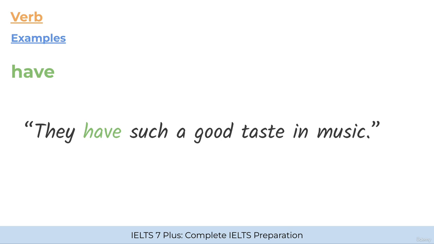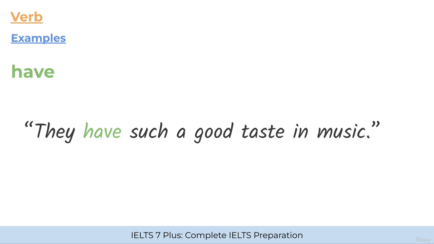So it's important to note that verbs change depending on the subject, and we'll go into this more when we talk about the subject-verb agreement, and we take a deep dive into verbs in other lessons. But essentially, we have to match the verb with the subject. So here, they is the subject, they.